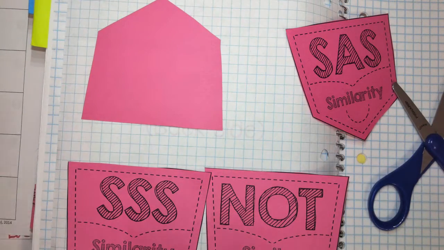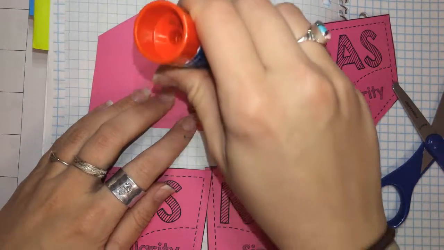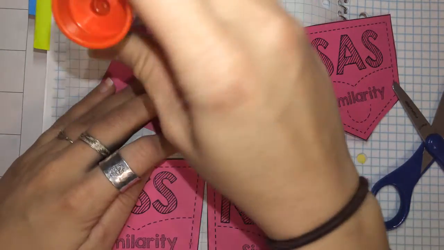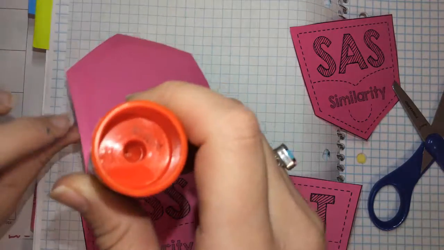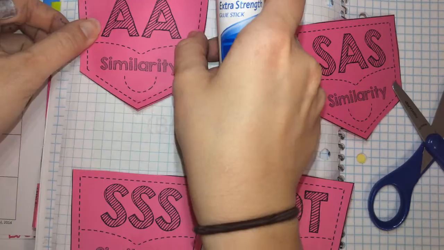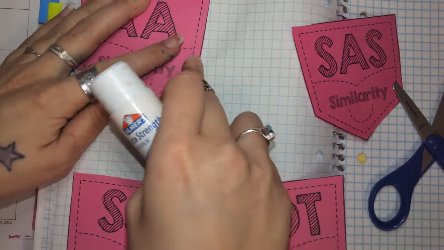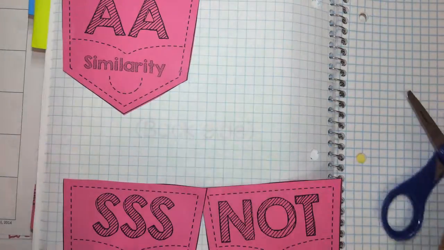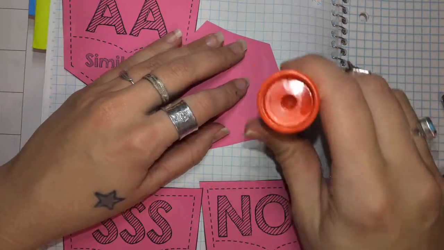Do not put glue on the top or the middle. You only tape the sides and the bottom.